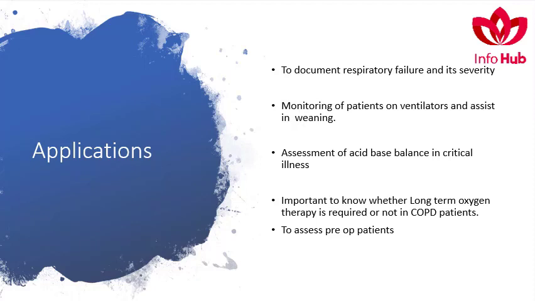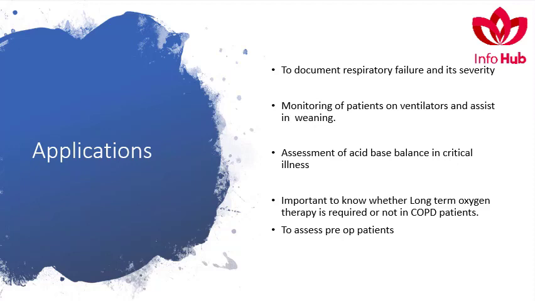Similarly, while putting patients on a ventilator, you need to be aware that you will be required to do arterial blood gases at least twice a day, because they will help you decide when to take the patient off the ventilator, that is weaning off, what we call in our medical terminology.